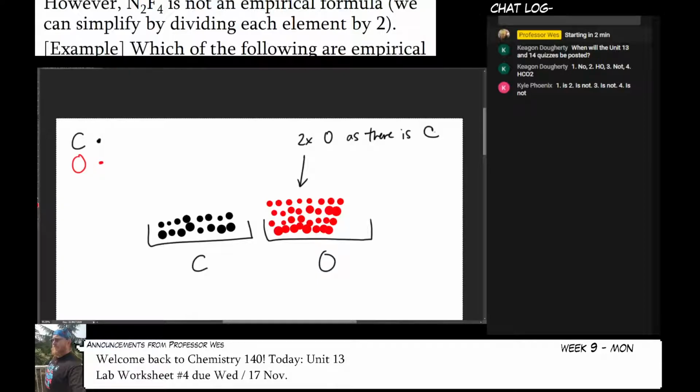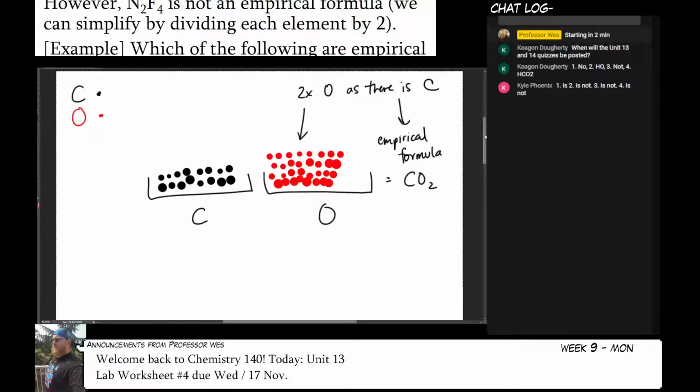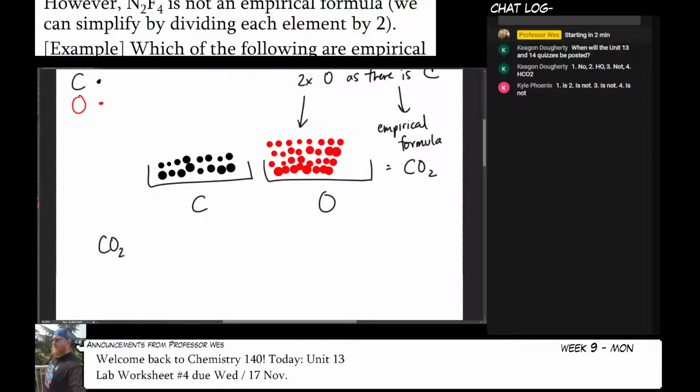Whatever. So what we would say is that the empirical formula would be this, because in the empirical formula there is twice as much oxygen as carbon. Now, is what we put in here CO2? Well, it could be, because CO2 has twice as much oxygen as carbon, but so does this.